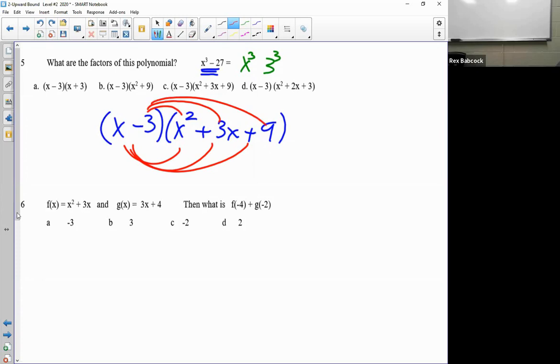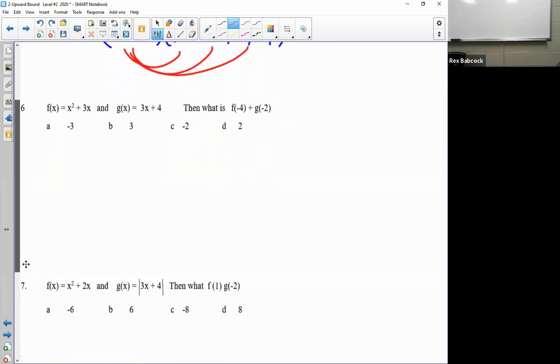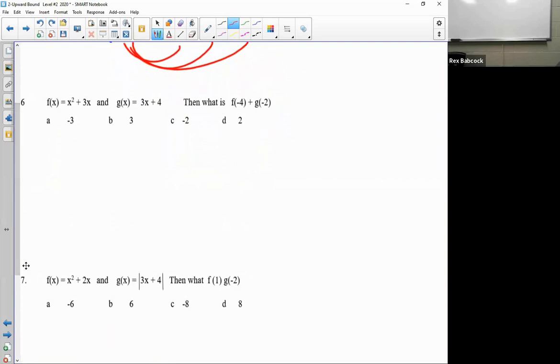Number 6. What is f of negative 4 plus g of negative 2? Okay, f of negative 4. Negative 4 squared plus 3 times negative 4. Negative 4 squared is 16 minus 12. 16 minus 12 is 4.